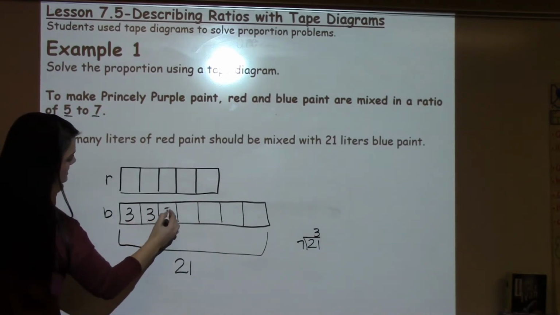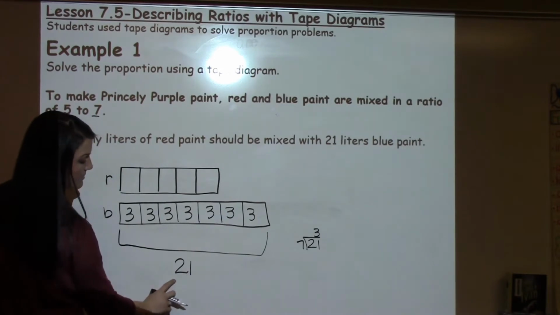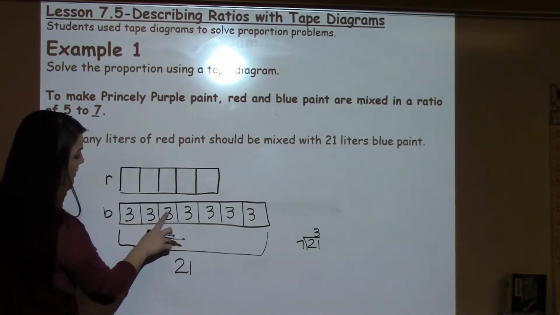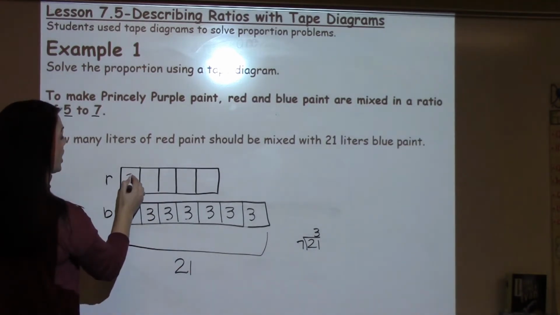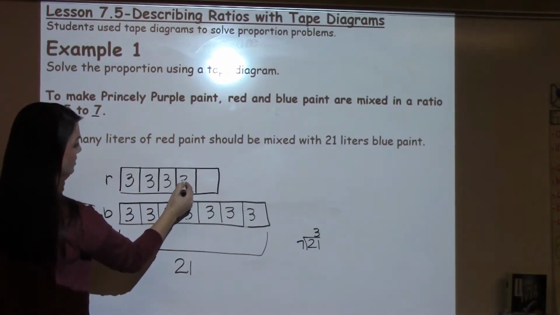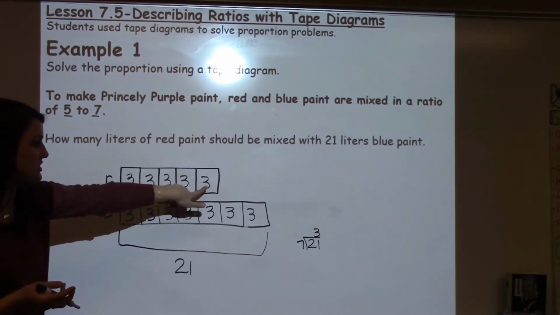And so we have students write in the number that each square represents to make up this 21. So each square is worth 3 in the blue paint, so each square is also worth 3 in the red paint. Now the red paint only has 5 sections.